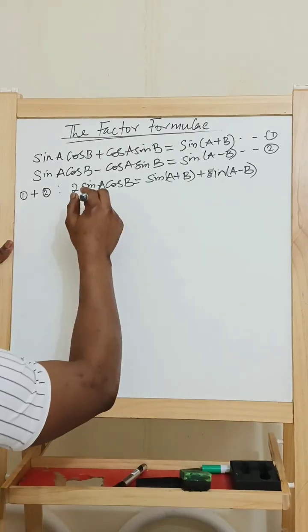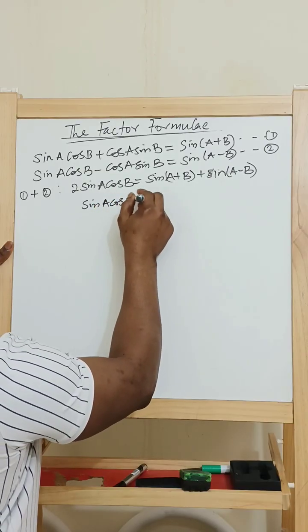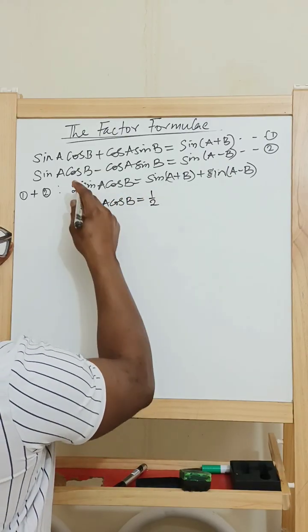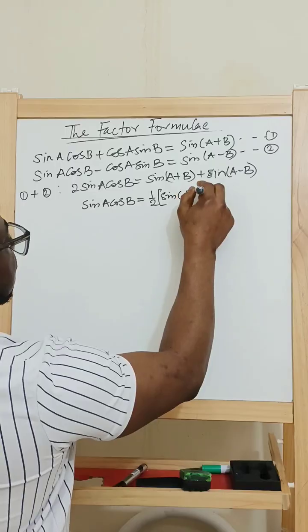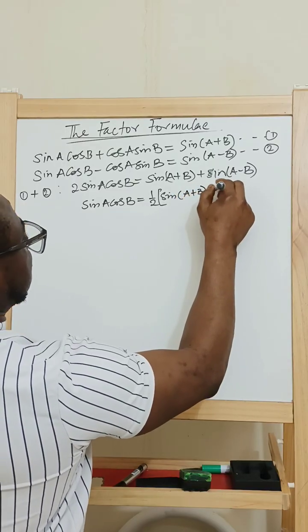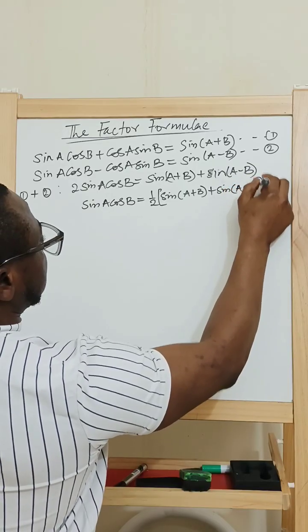Now this sine A cos B is equal to half sine A plus B plus sine A minus B.